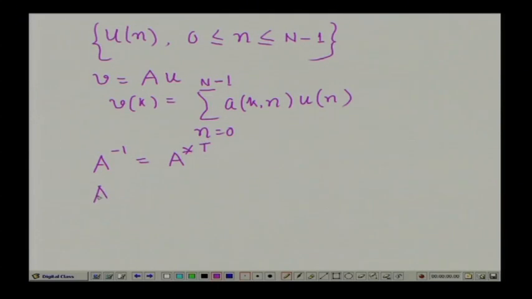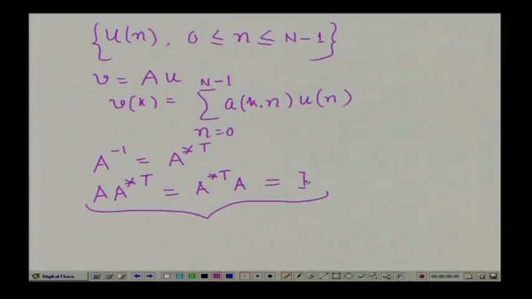So, this says that A into A conjugate transpose should be the same as A conjugate transpose A, which is the same as an identity matrix. If this relation is true for the matrix A, then we say that A is a unitary matrix and the transformation given by this matrix is a unitary transformation.